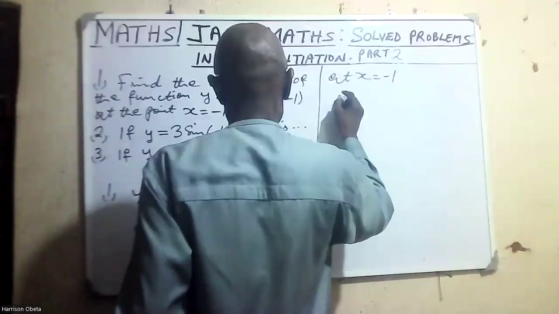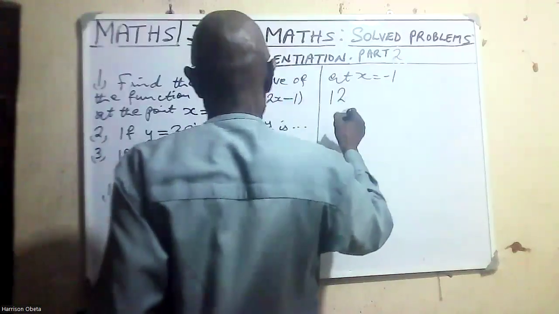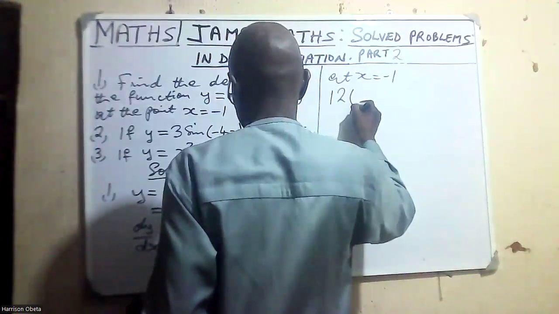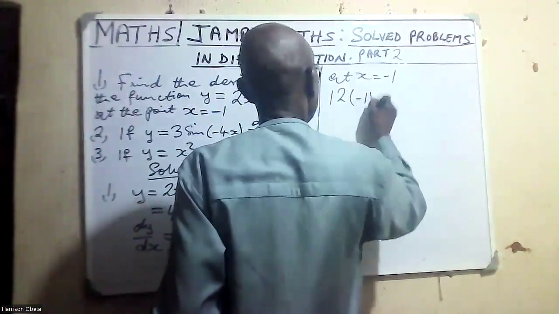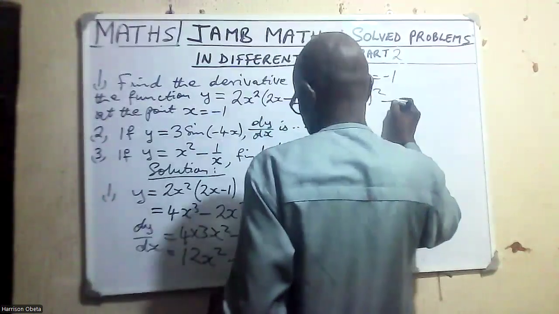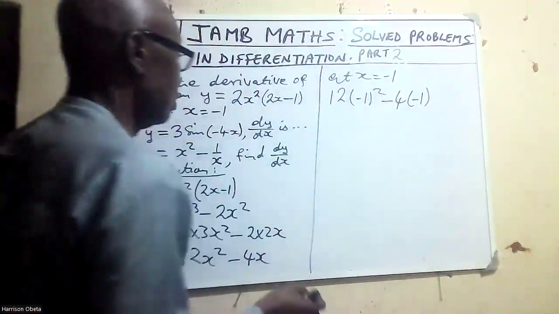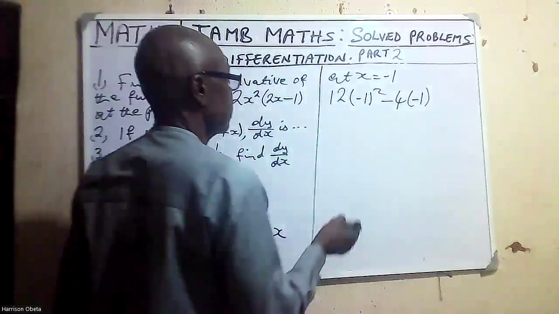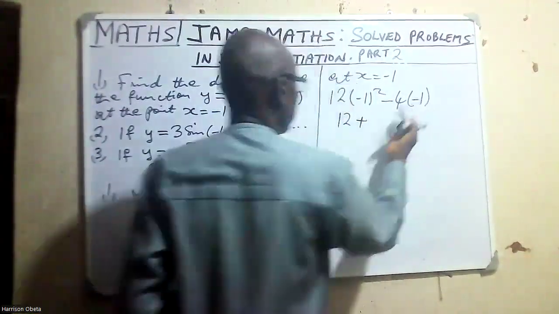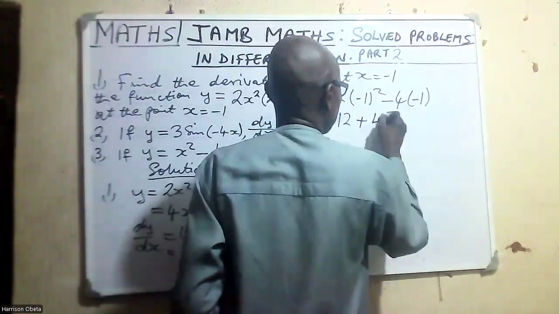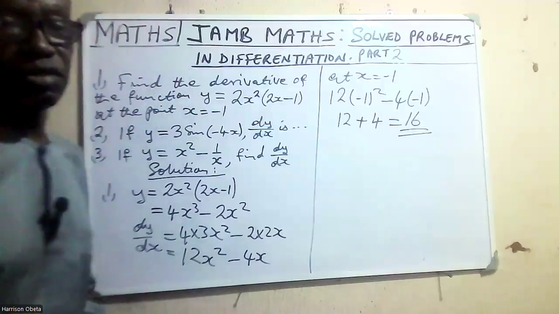That will give us 12 brackets minus 1 squared minus 4 into minus 1. And then minus 1 times minus 1, we know is 1. So that will give us positive 12 plus, because this one will change, plus 4. And that is finally 16. So that is the answer to that.